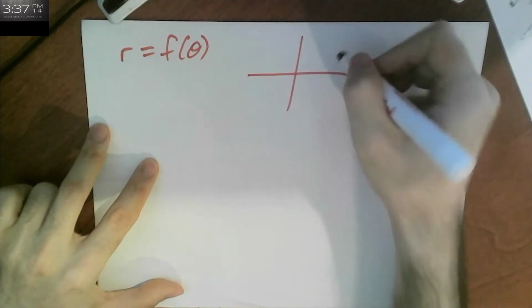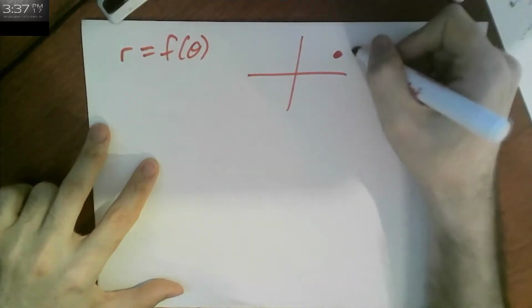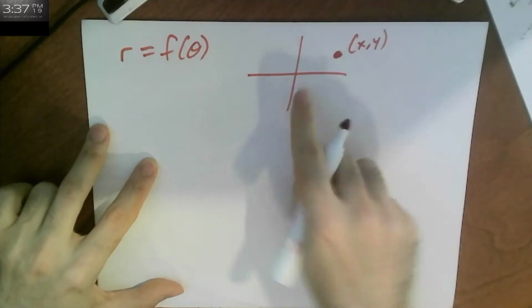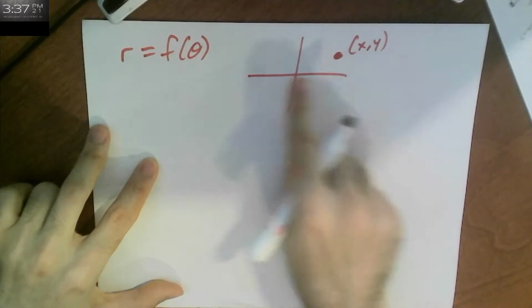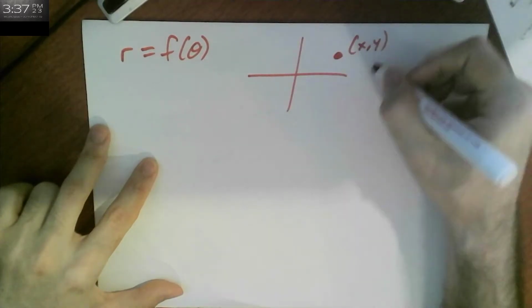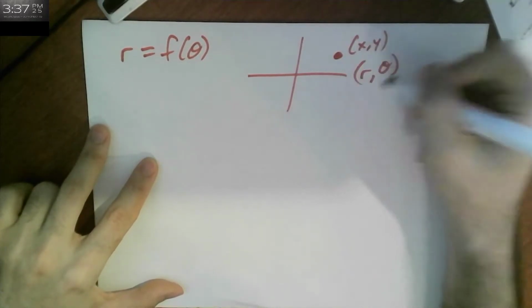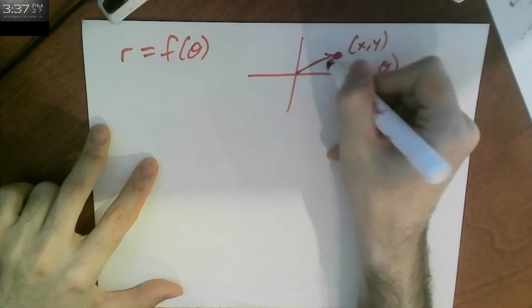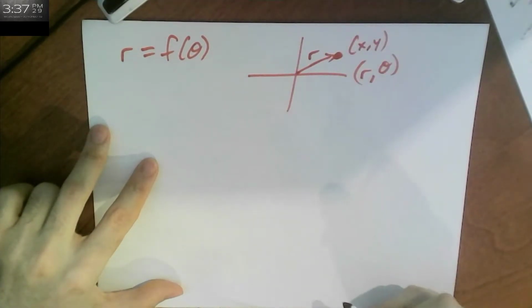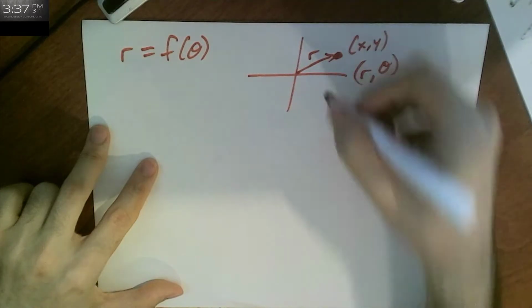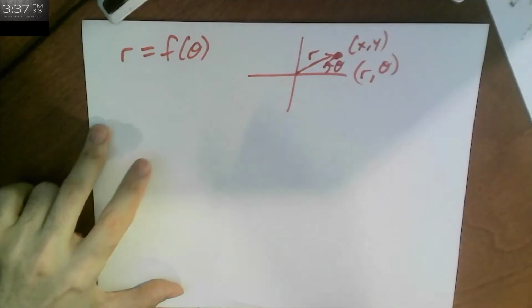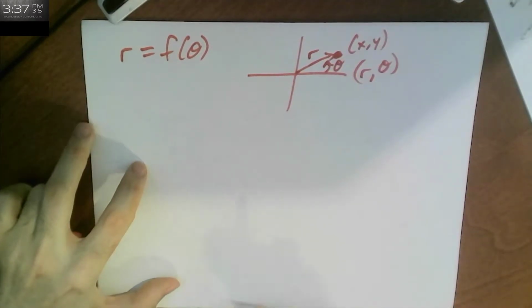So were I to draw a coordinate plane, we can think of this point as x, y, as how far in this direction you go, the translation, how far up you go. But we could also think of this as r, theta, in which case we would be saying how far out from the pole, how far out from the origin, and how far around theta. What angle have you swept out?